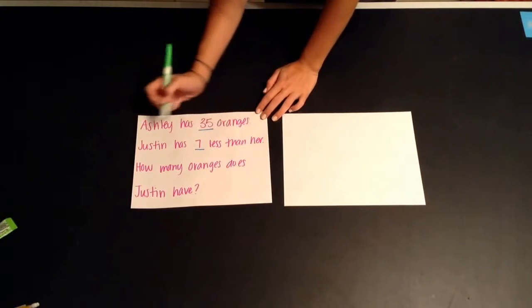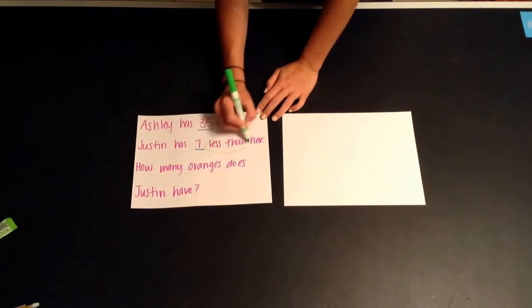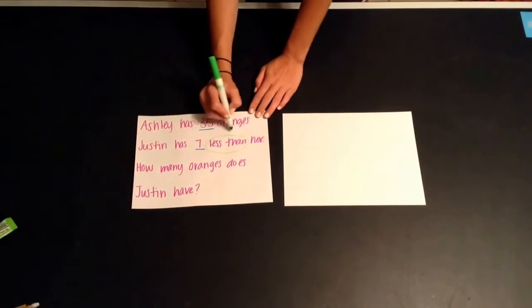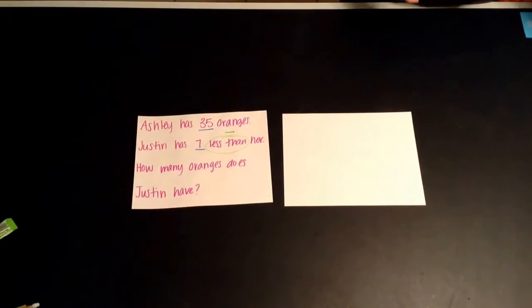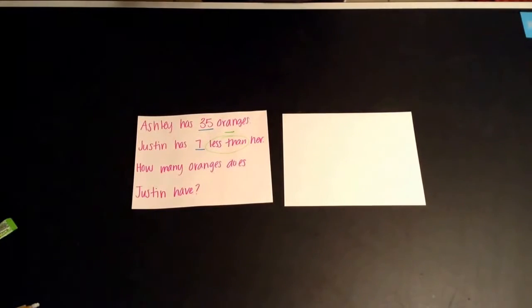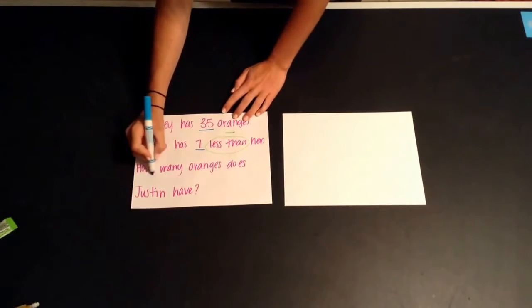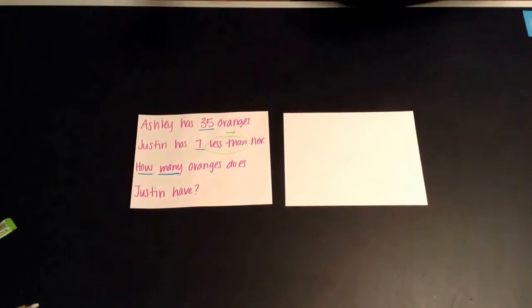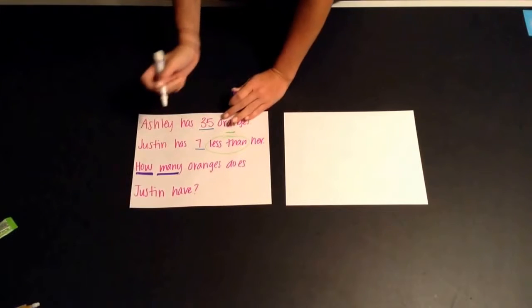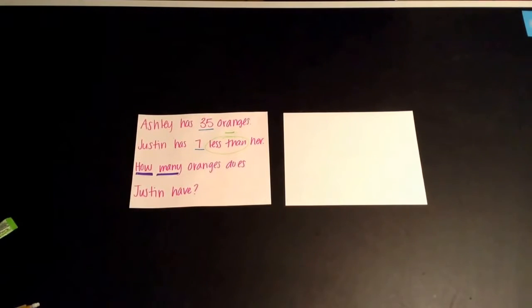We see in the problem that it says Justin has 7 less than her. So we know that this means subtraction. We're going to be subtracting that many from Ashley. So now, what are we looking for? We're looking for how many oranges does Justin have?